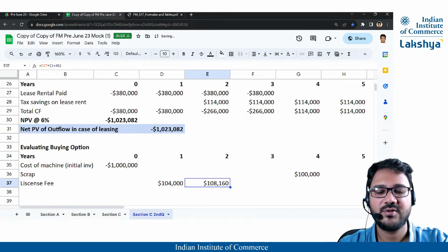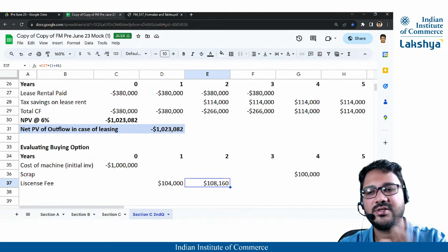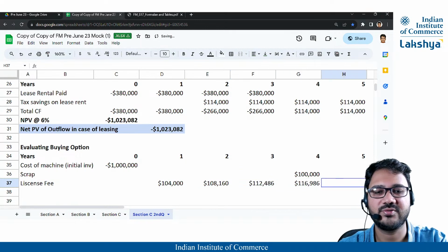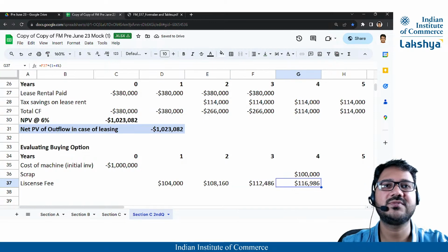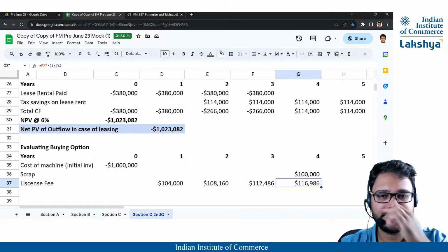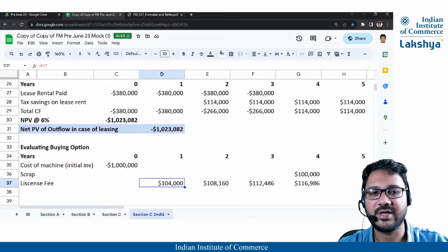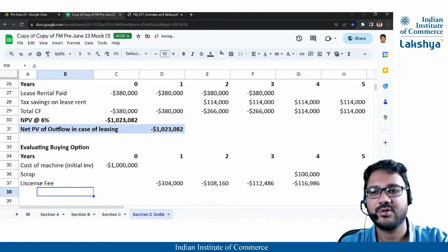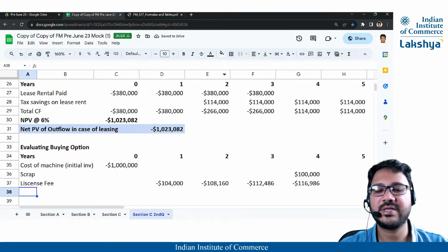We won't do raise to 2 or raise to 3, because it is an increase of 4% from the previous year, and so on. So license fee 1, 2, 3, 4, four license fees we have paid. Now this again is an outflow. And scrap is an inflow.